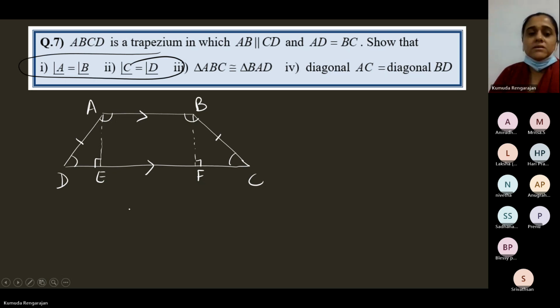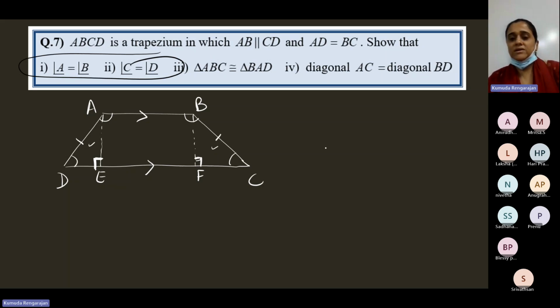Now, to show that they are congruent, in this triangle and in this triangle, by construction we have 90 here, right? By construction, 90 here, by construction, 90 here. So right angle. Then for this triangle, AD is the hypotenuse. For this triangle, BC is the hypotenuse. They're equal.